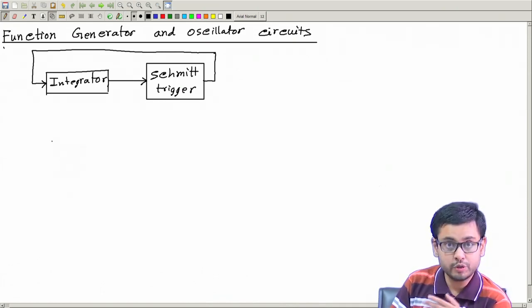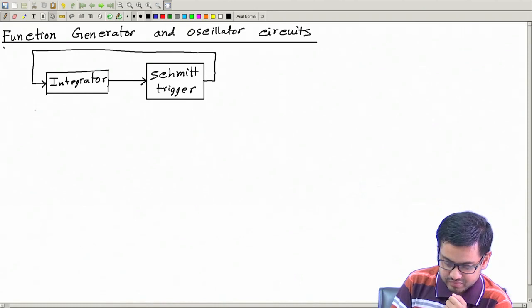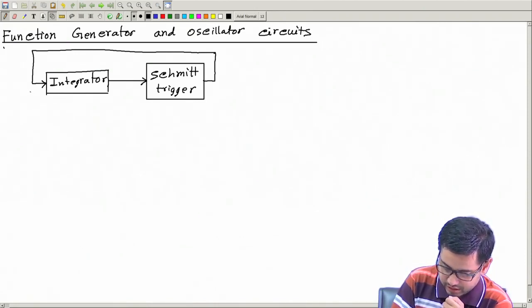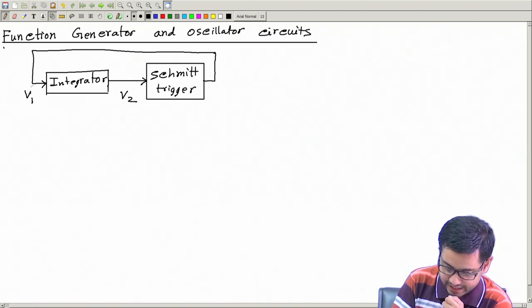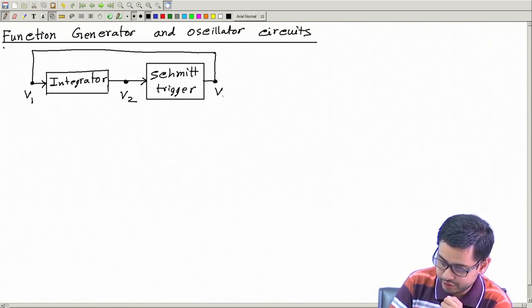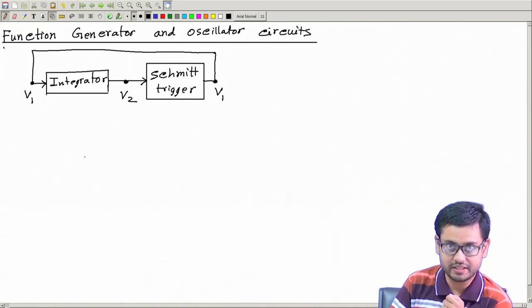Now you see what happens. Let me give names: V1 is the voltage at this point, V2 is the voltage at this point, and this is once again V1 because these two are connected.